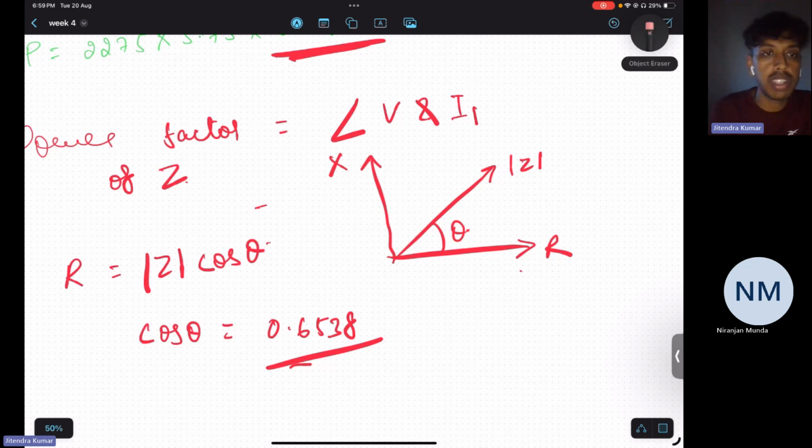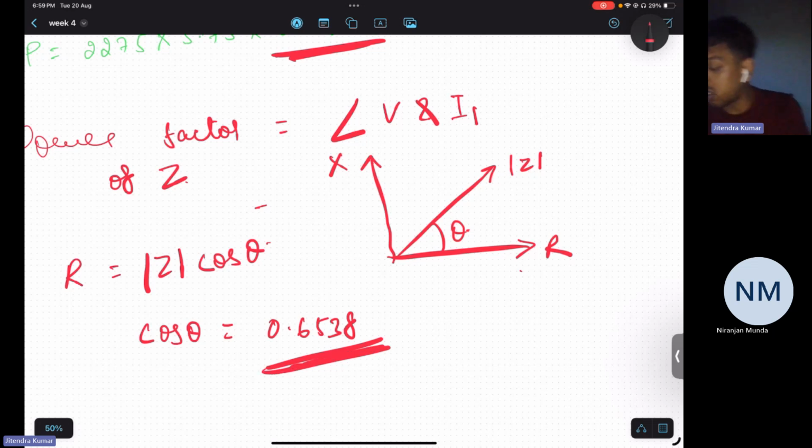Now moving forward to the next problem. Sir, it is an inductive type, isn't it? Sorry, what is it? Inductive. Inductive, yes, inductive. If cos theta is like this, it means it is inductive.